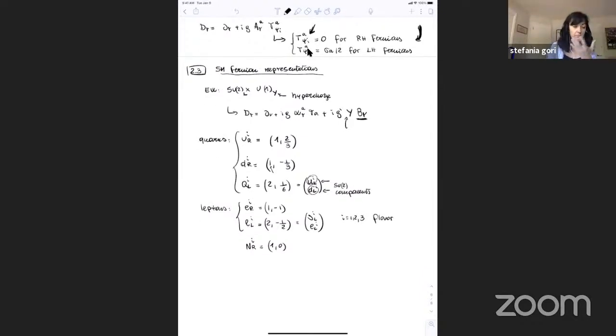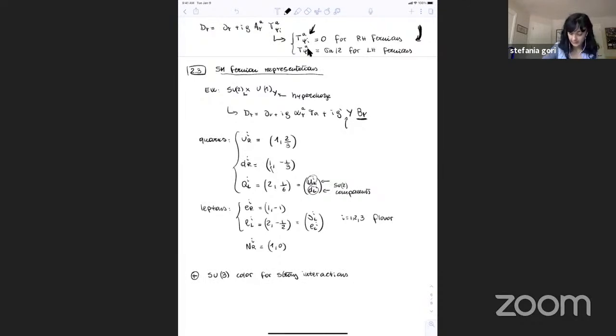For completeness, I should mention that we should not forget that we have also another group, SU(3) of color, for the strong interactions. I won't discuss this during these classes, but if you understand SU(2), SU(3) is very similar, very broadly speaking, and you can play the same game of covariant derivative and so on.